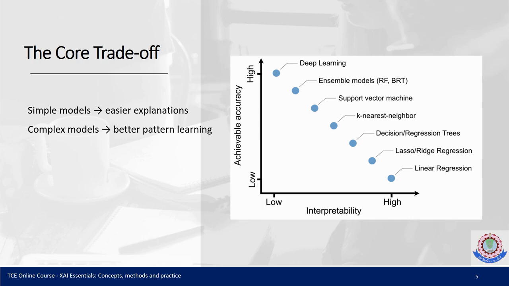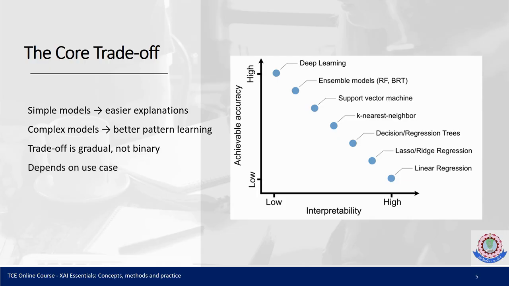So the question is not which model is better, the real question is which model is appropriate for the situation. In this image you can see that when the interpretability is high, our accuracy may be low. If the accuracy is high, interpretability is low. This is how the system works.